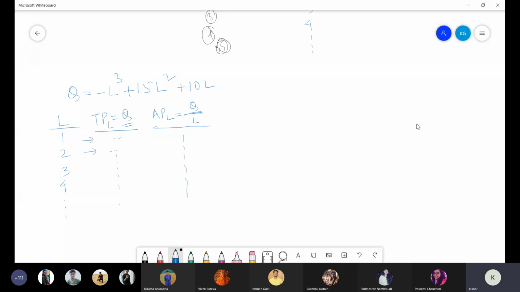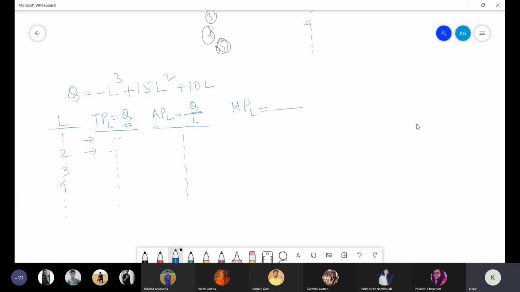Average product means, on an average, how many units of a particular product one labor is producing. Another concept you will find is marginal product with respect to labor.